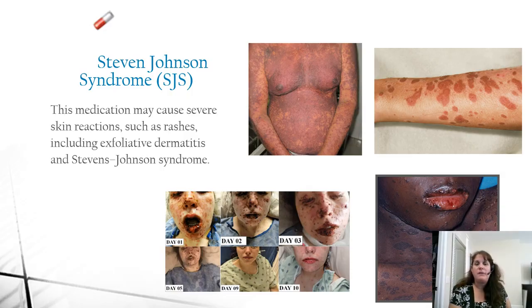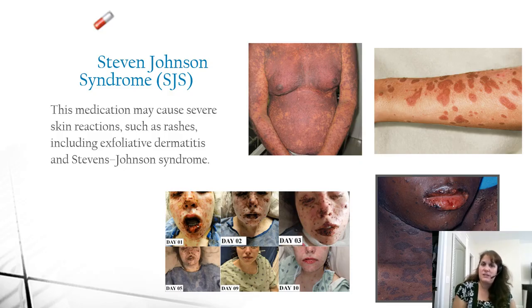And often persons will need to be coming into the hospital if they're having one of the more severe reactions that, like you see here. And I tried to include a variety of skin tones so you can kind of get an idea of how this presentation of this Stevens-Johnson syndrome rash looks.